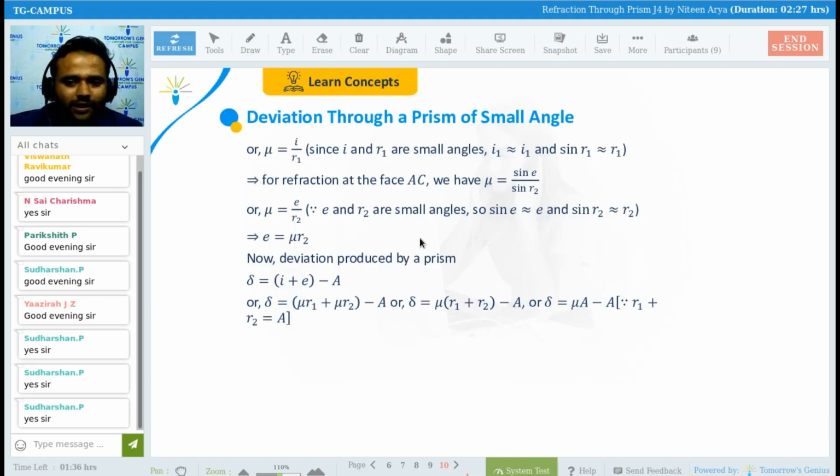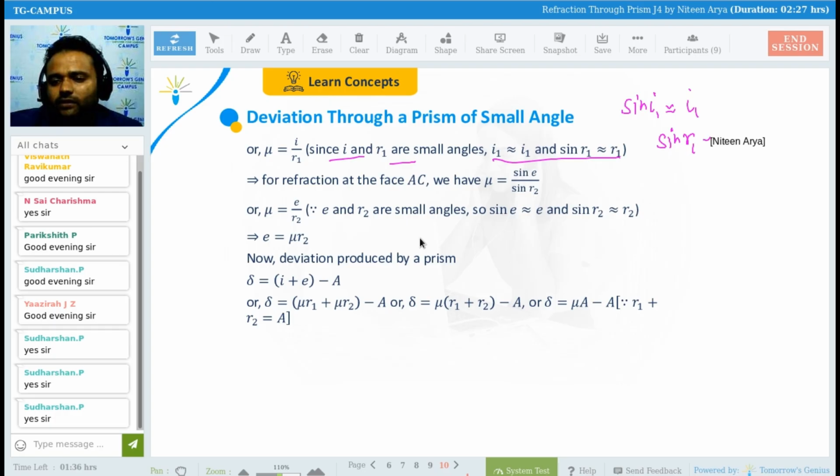Deviation through a prism of small angle: as we know mu equals sin I by sin R1, since I and R1 are small angles, sin I is going to be I directly, and similarly sin R1 is going to be R1 using small angle approximation.